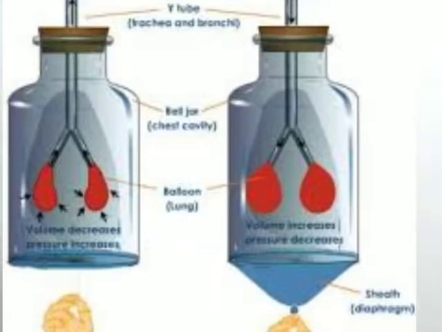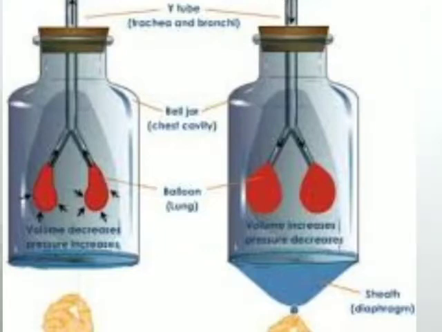In this, what you have to do is cut the plastic bottle into halves and make a hole in the cork of the bottle. Then insert this Y-shaped tube inside the bottle, and at the ends of the Y-shaped tube tightly fix the small balloons.